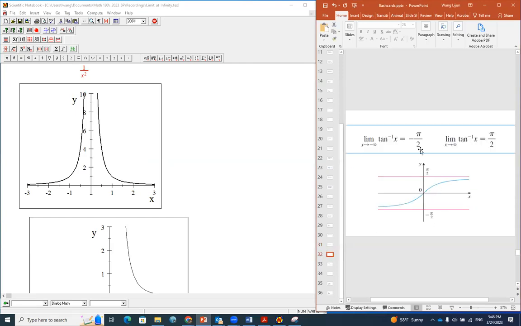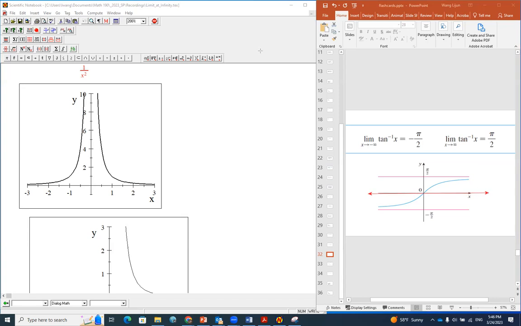This is a logarithm. I'm sorry, arctangent. This is a curve of arctangent. As you can see, arctangent is defined on the entire number line, so its domain is from negative infinity to positive infinity.